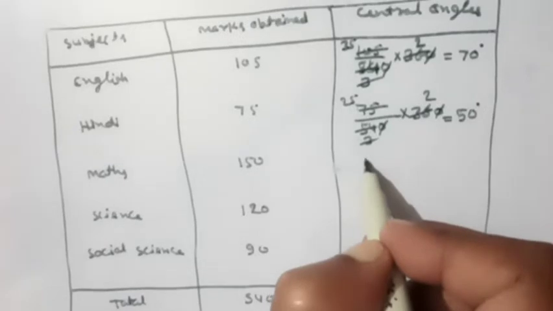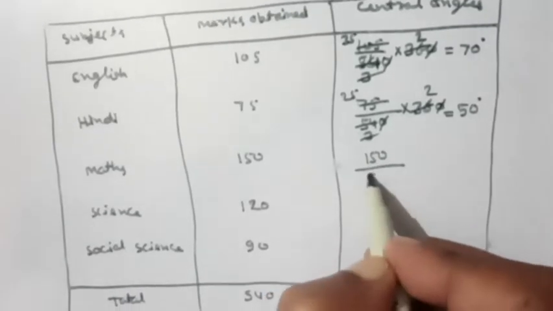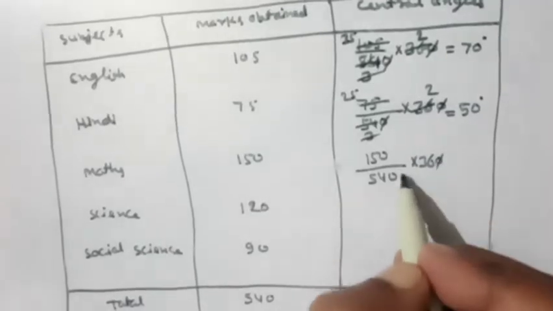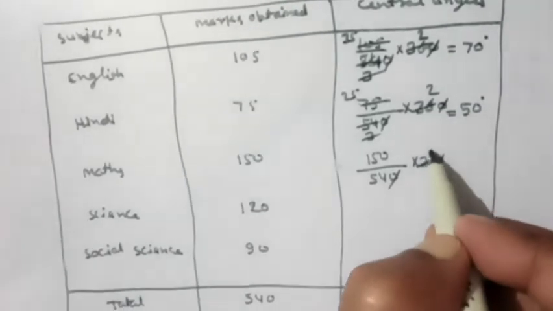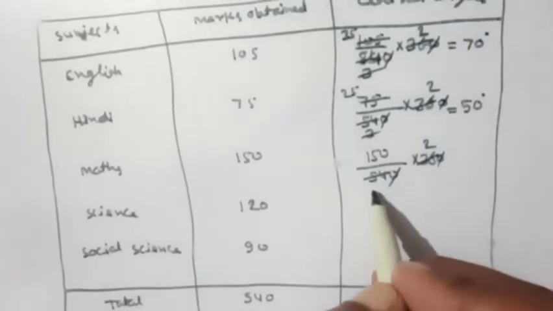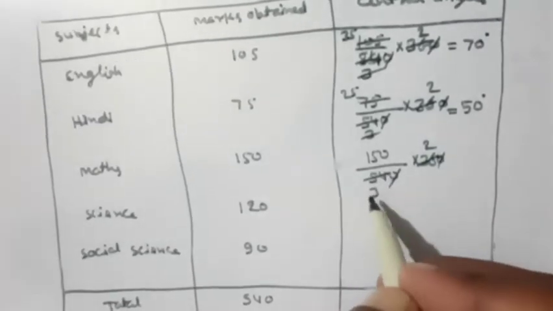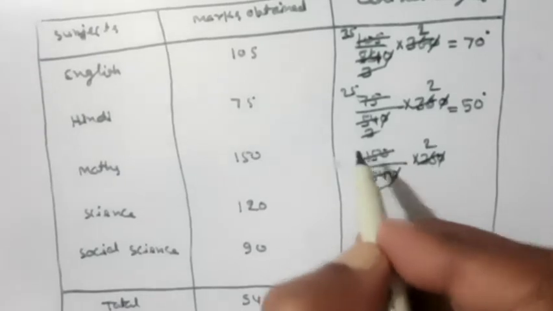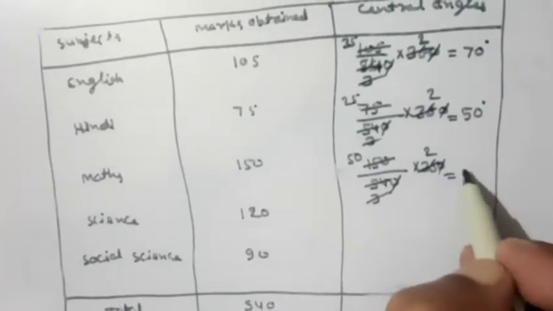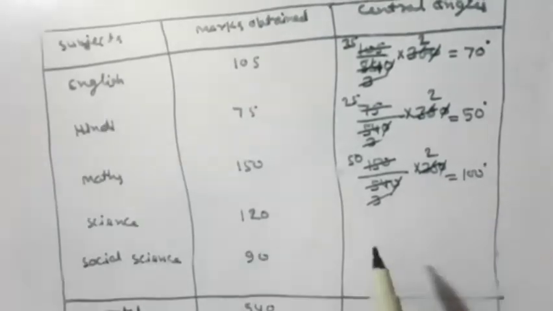Next, 150 by 540 into 360, 0 to 0 cancel, 18 2 ja 36 and 18 3 ja 54, and 150 divided by 3, 50 times, then we get 100 degree.